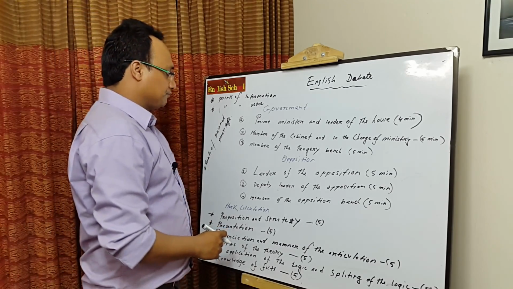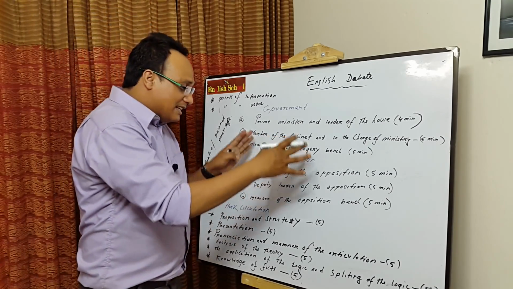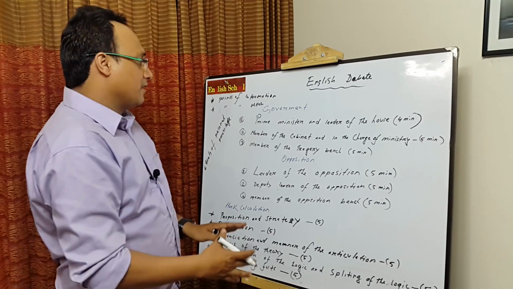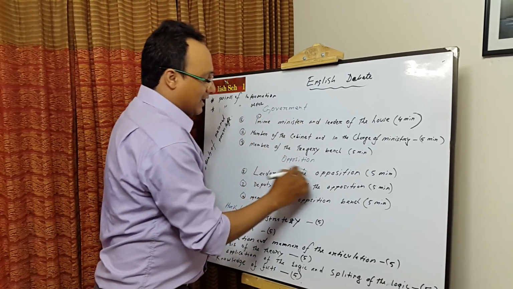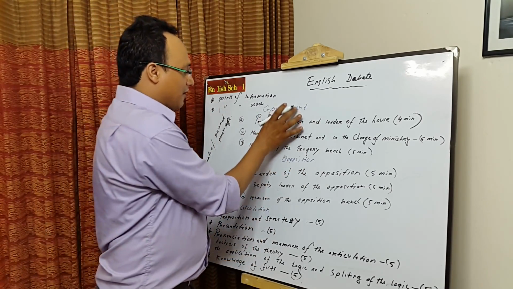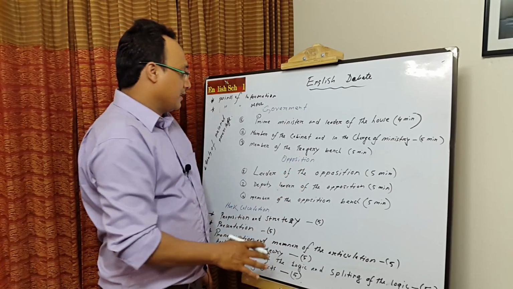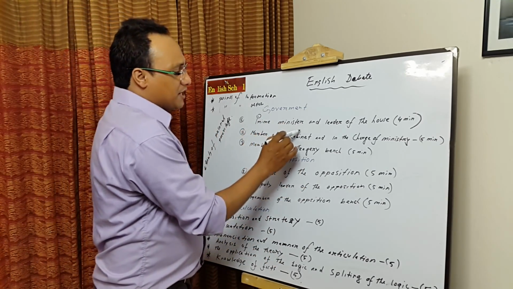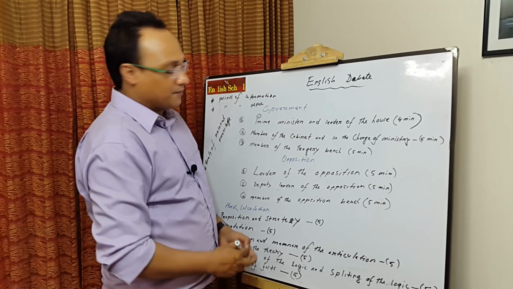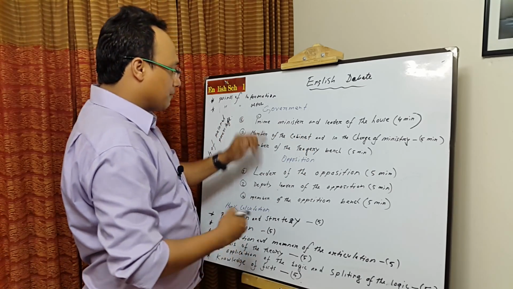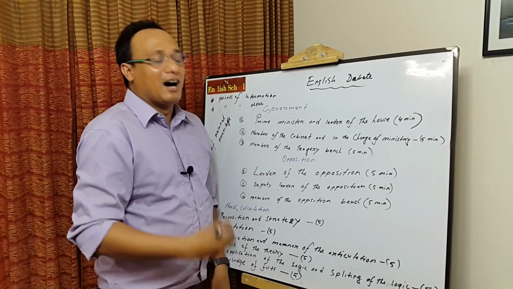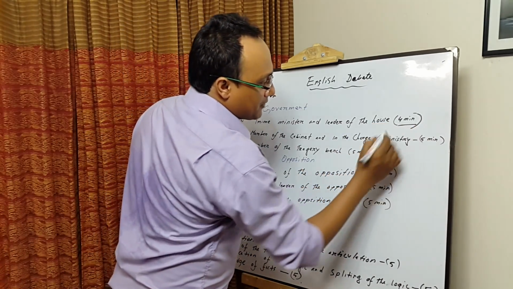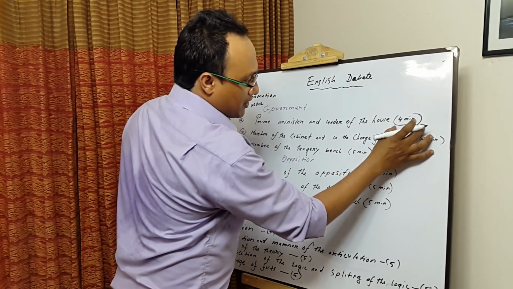Follow along: in a debate program there will be a government party and an opposition. In the government party there will be the prime minister and the leader of the house. There is a distribution of time.